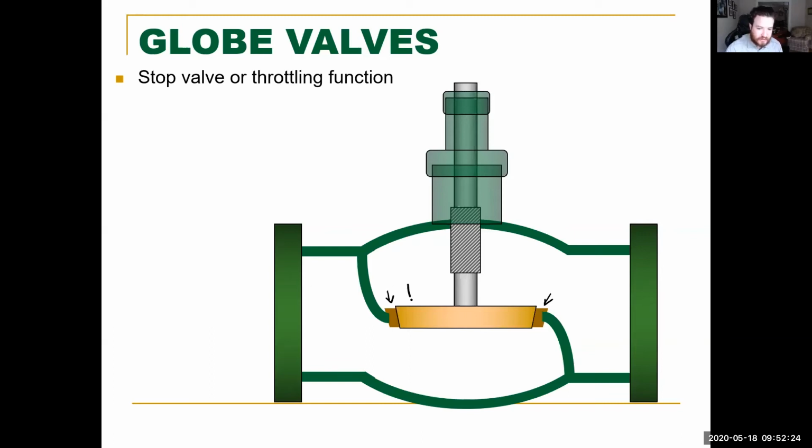And you can replace these discs really easily, or same thing, you put a file to it. You create a new mating surface, and all of a sudden you have a brand new flat seal right here, and the valve is now fully sealed again. That's what makes globe valves so great, and that's why they're quite literally everywhere on older vessels, because you could just rebuild them with very simple hand tools.